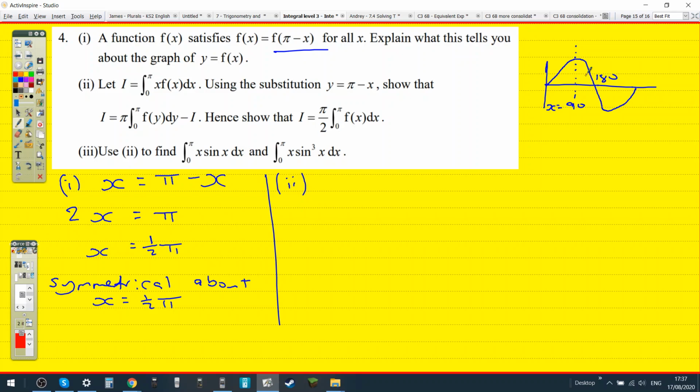I think that's it, really. So if it's from 0 to 180, and y is equal to f of x, it satisfies f of x equals f of pi minus x.